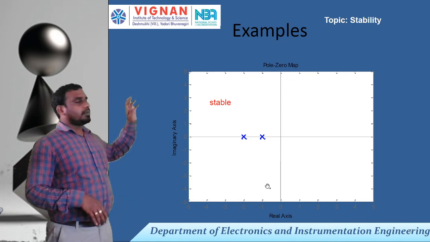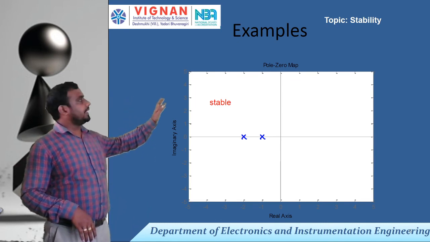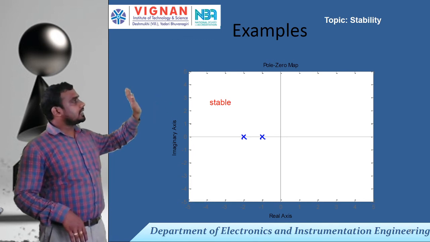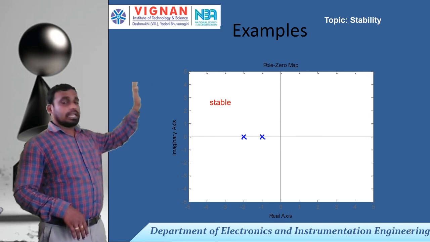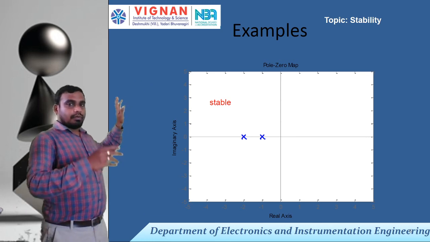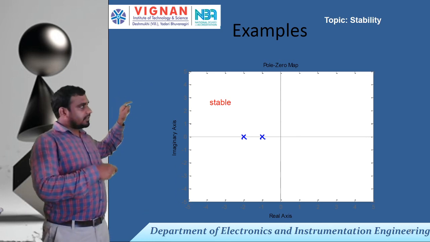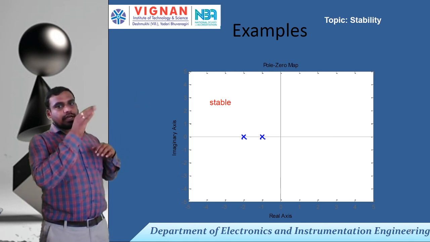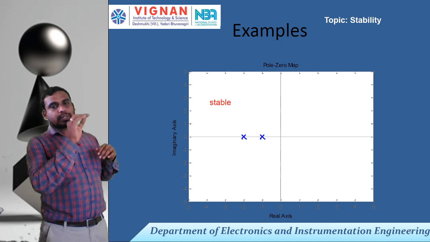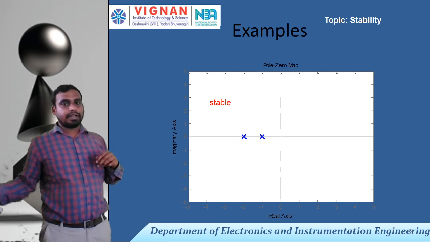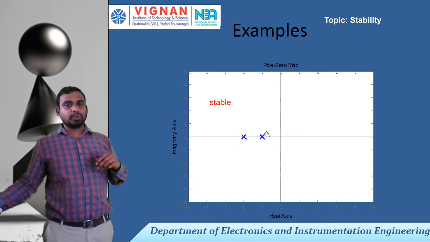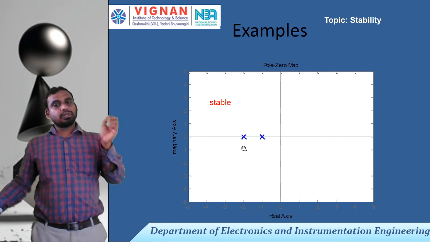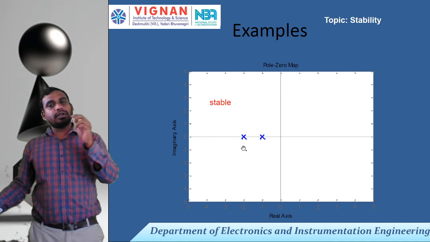If you see the poles on the S plane, I have marked the poles as X there. The poles are lying on the left half of the S plane. So by finding the characteristic equation, if you get this kind of poles, for example, 1 by (S plus 2)(S plus 3), and you equate S plus 2 and S plus 3 to 0, what do you get as poles?